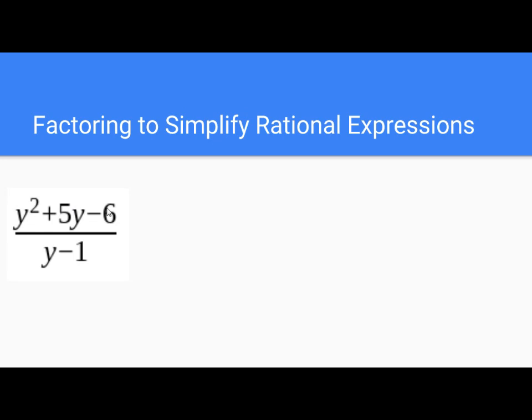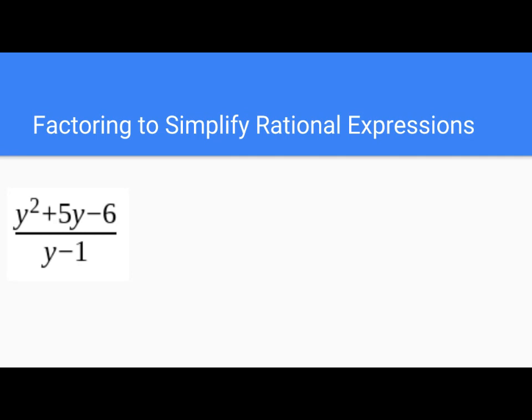However, we know how to take this trinomial, y squared plus 5y minus 6, and we can factor that. So let's see what happens when you factor that numerator. We're looking for 2 numbers that multiply to -6 that also add to 5. Well, let's see. 6 times 1 is 6.